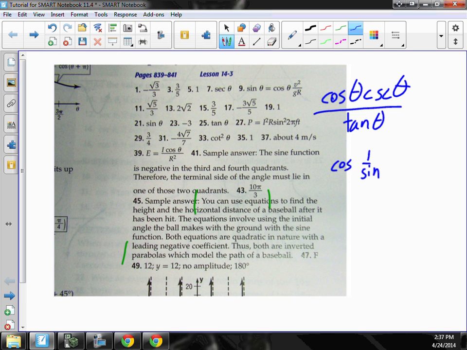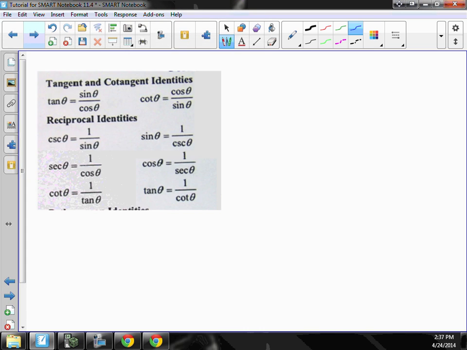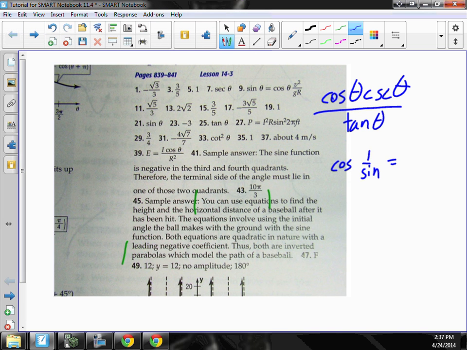Well, when I multiply those together, I get cosine over sine, but cosine over sine is also known as, oh, I lost the, cosine over sine is the cotangent. So I have cotangent divided by tangent.